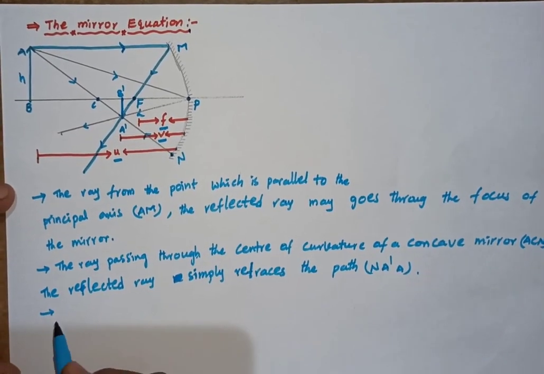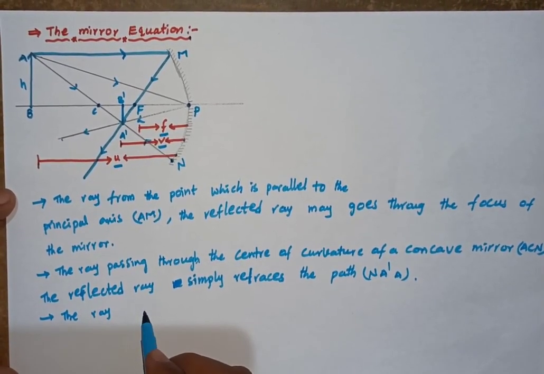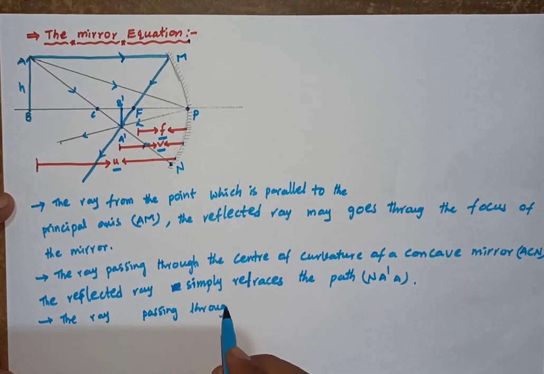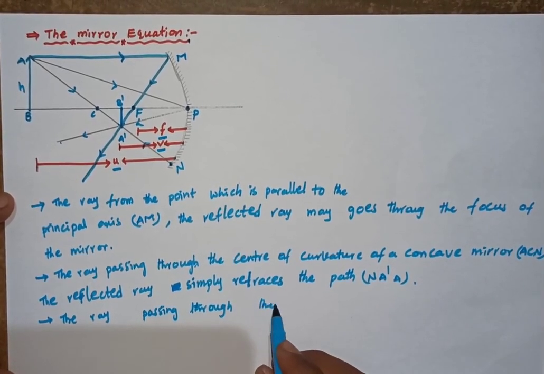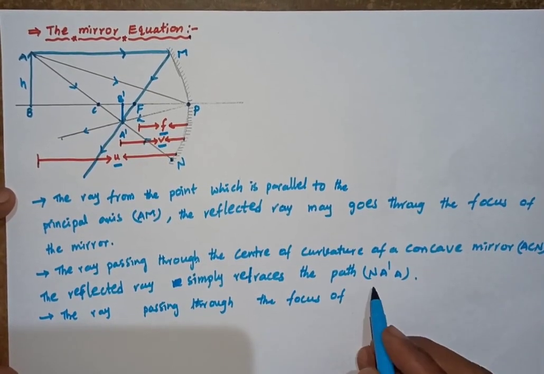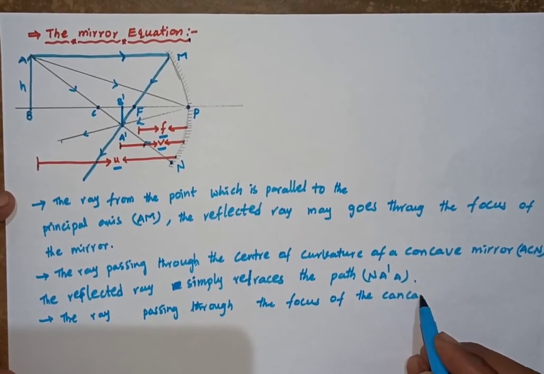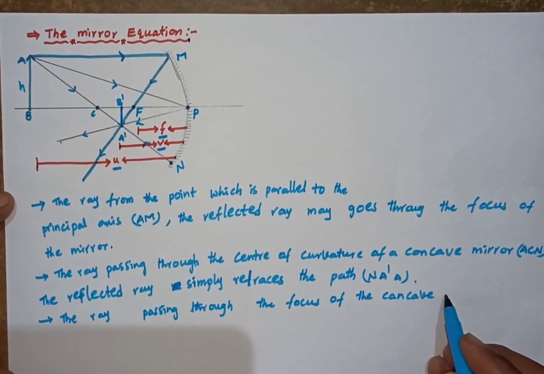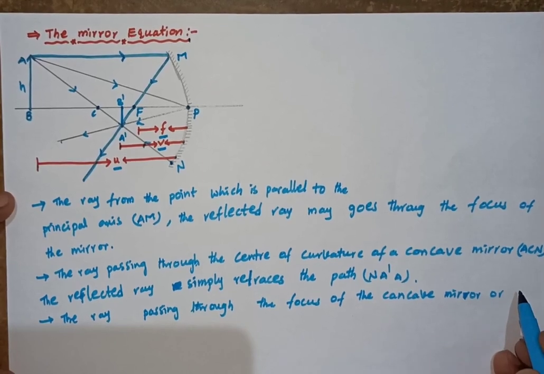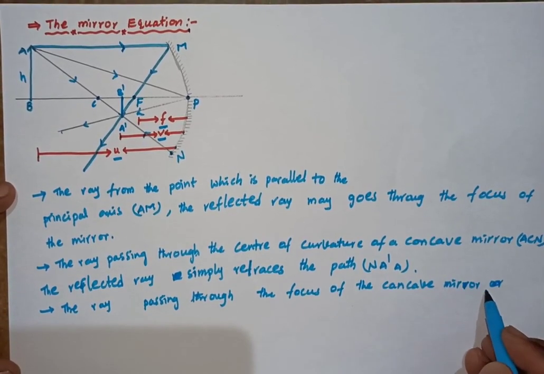The third one is the ray passing through the focus of the concave mirror, or appearing to pass through the focus of the concave mirror.